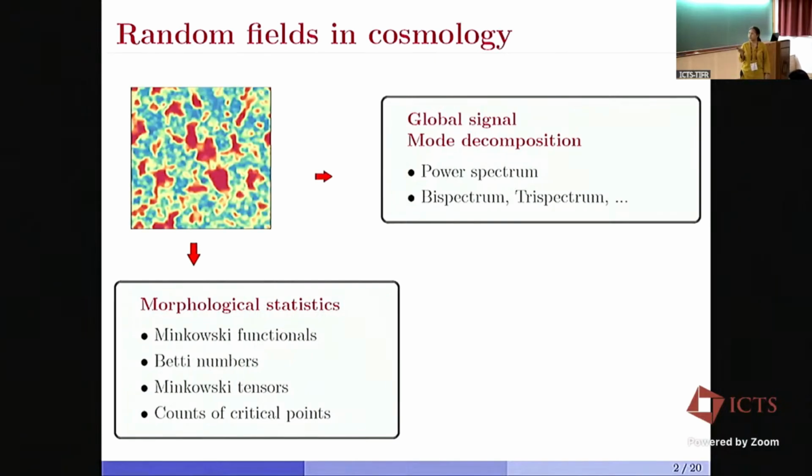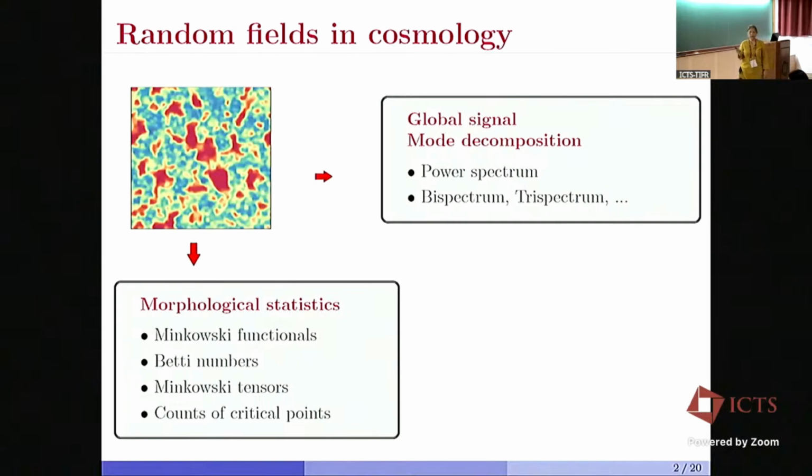So here is an example of the field. We've been hearing about the global signal, in particular for the case of the 21 centimeter. One way is to do mode decomposition, and we calculate the power spectrum, bispectrum and so on. This gives us physical information of the field, all the physics that is going on in the field.